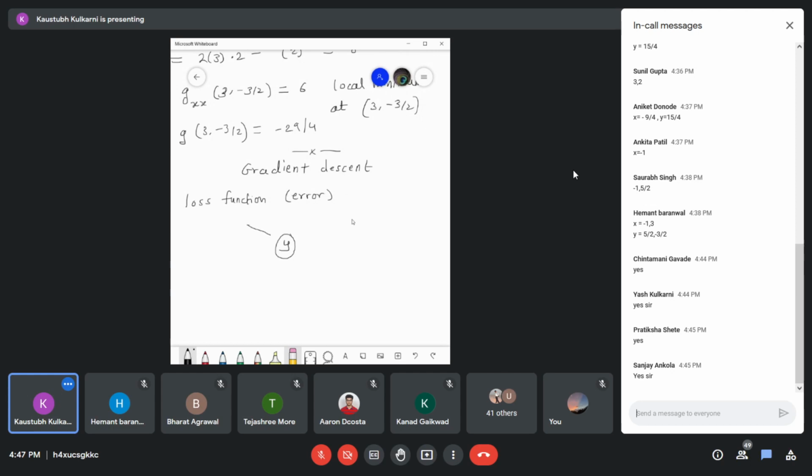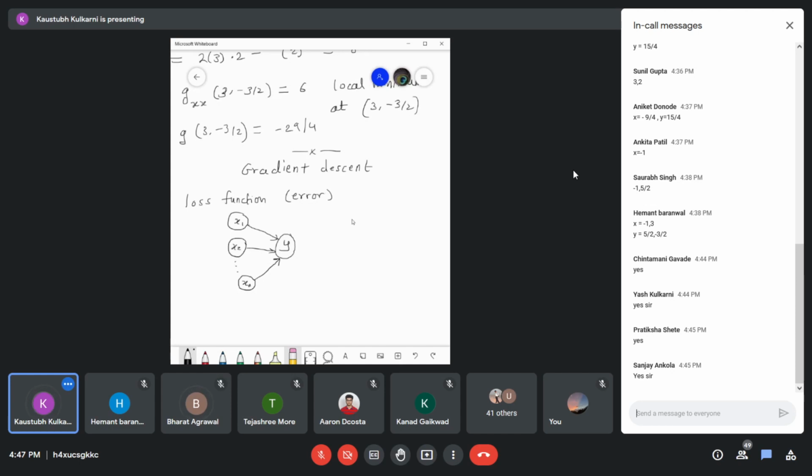So y depends on x1, y depends on x2, and so on. Let's say there are n variables on which y depends.